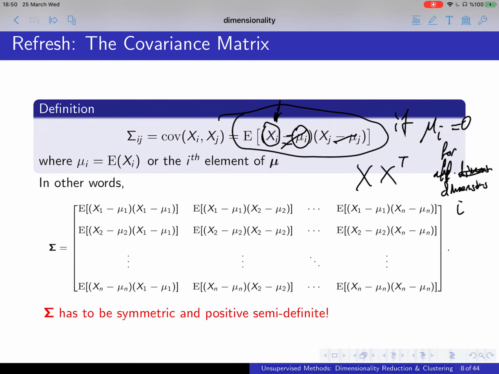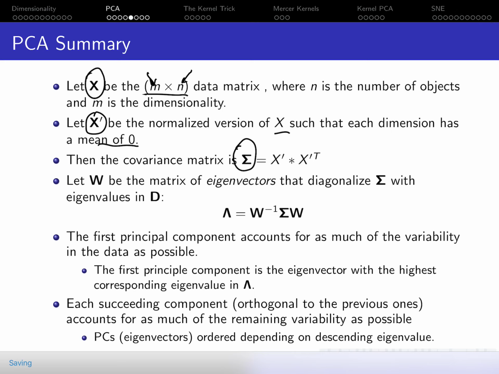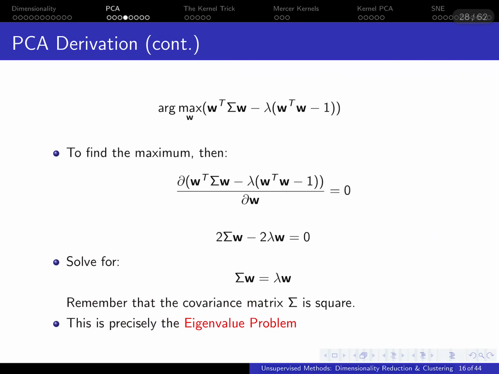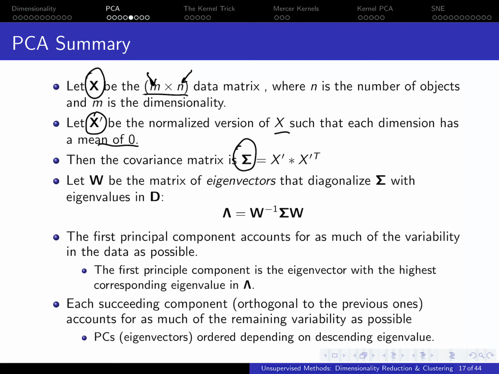Going back to PCA, so we have the covariance matrix. And we said that to find the right rotation, remember we actually derived all this in class, so I'm not going to go back into it. But it turns out that what you have to do is essentially do the eigendecomposition of the covariance matrix.